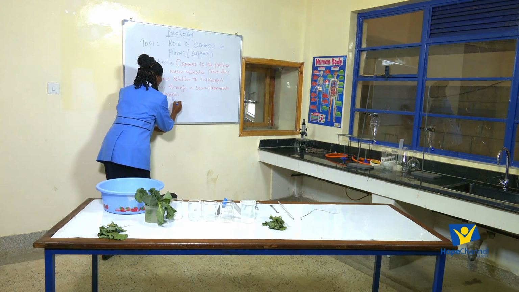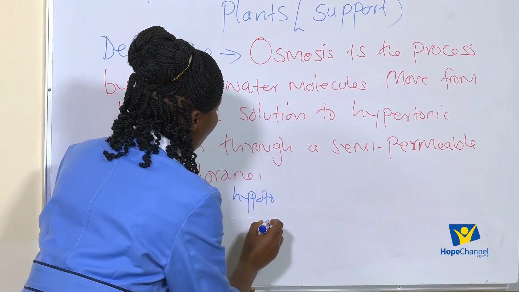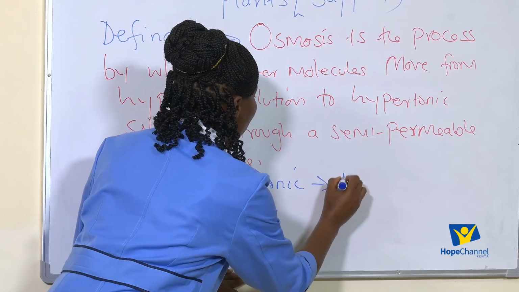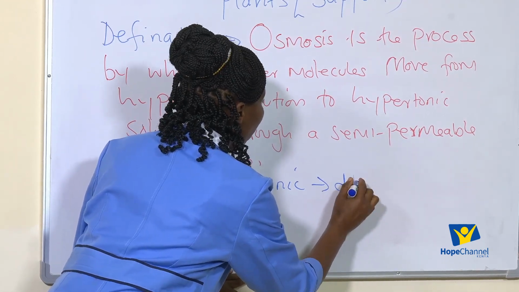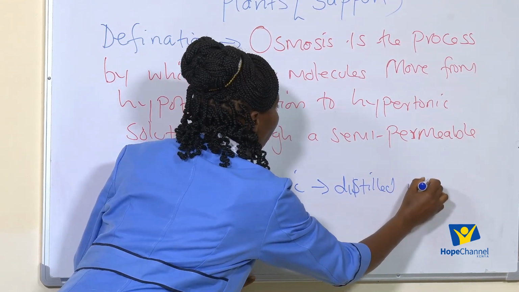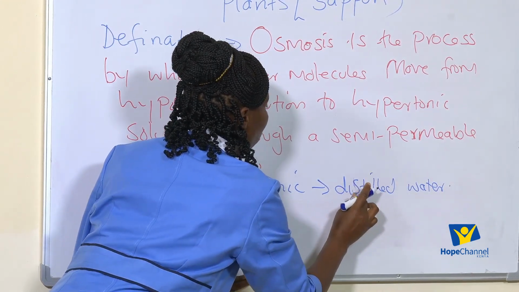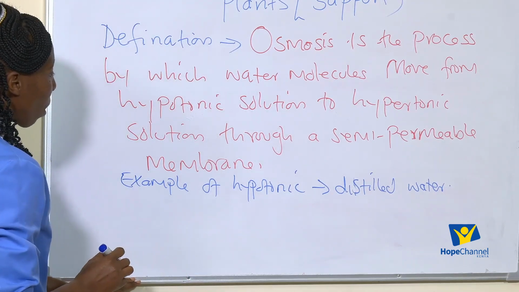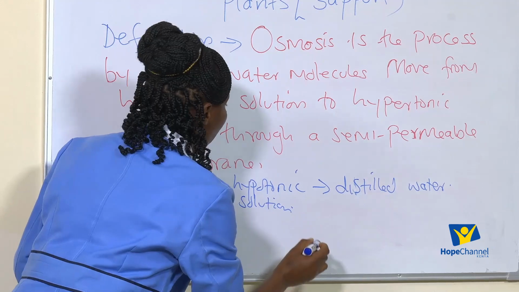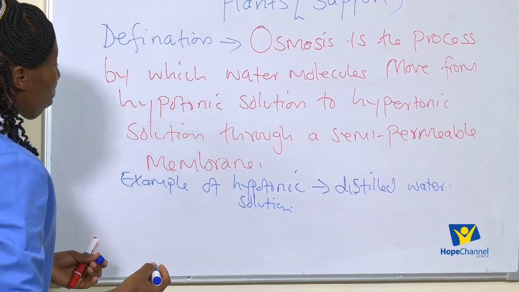An example of a hypotonic solution: we have distilled water. Okay, so distilled water is an example of a hypotonic solution. Remember, distilled water has more water molecules.